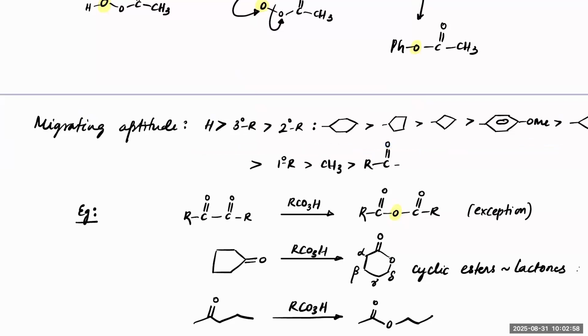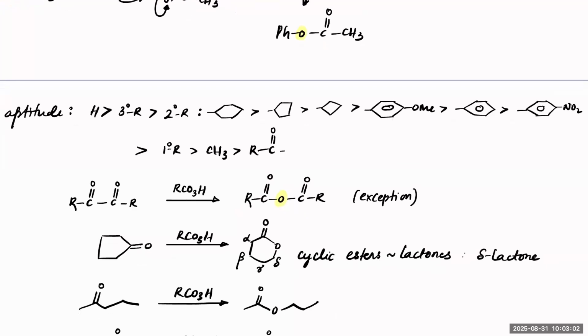Now this is very different from the general migrating aptitude, so better remember that. First is hydrogen, then it is 3 degree alkyl group.